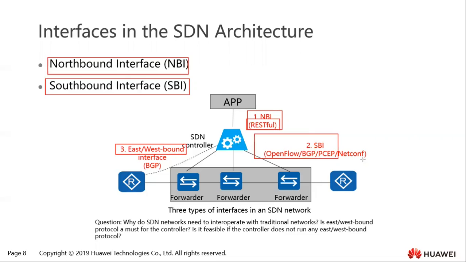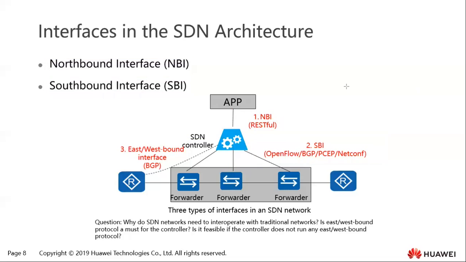Then southbound. North, because of the compass, we know that the compass looks like this. We have north, we have south, then we have east-west. The interfaces that connect to the forwarders are what we call the southbound interface.